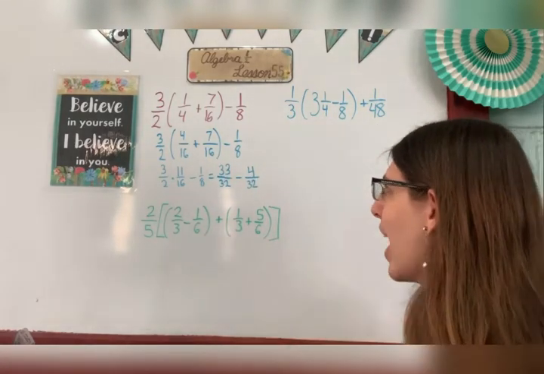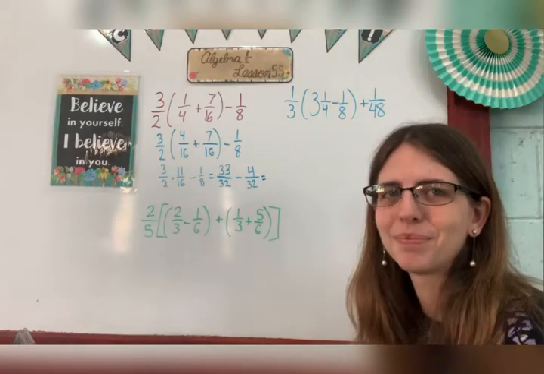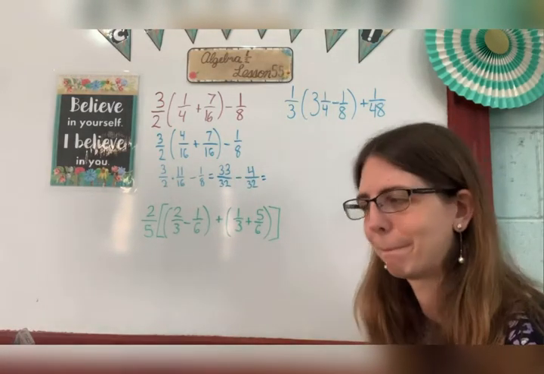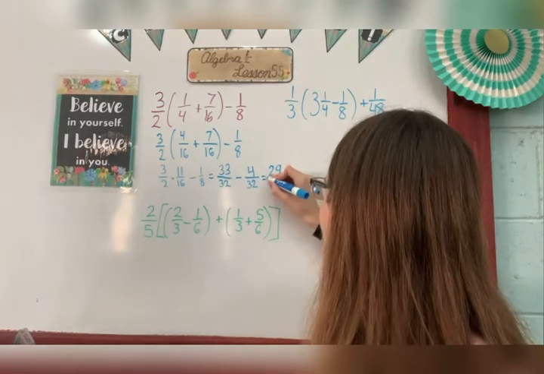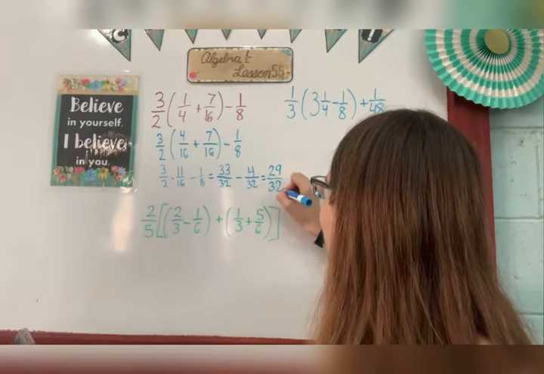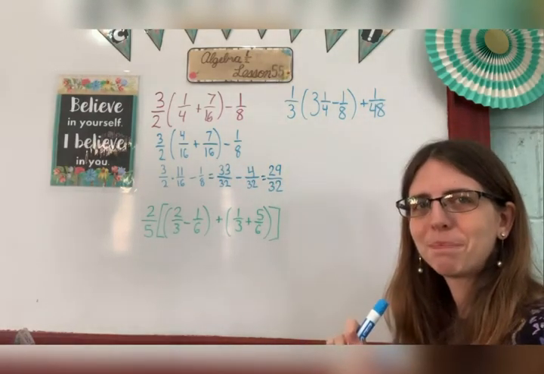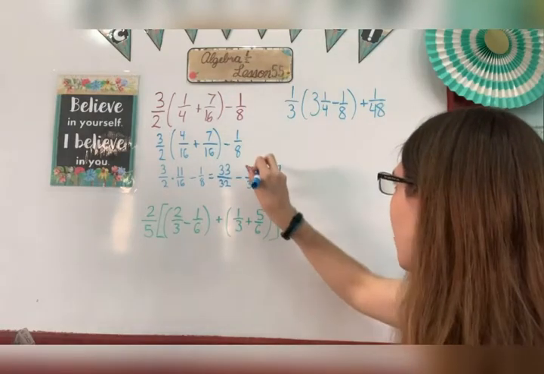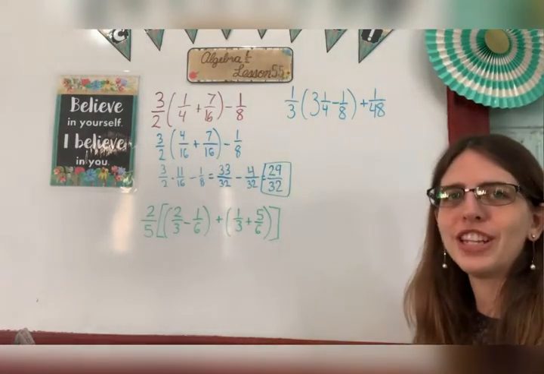Now I can subtract my numerators. 33 minus 4 is 29, good. And my denominators stay the same. Check if you can reduce anything. Nope. So there is my answer, 29 over 32.